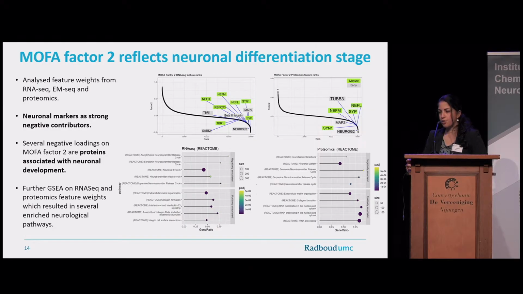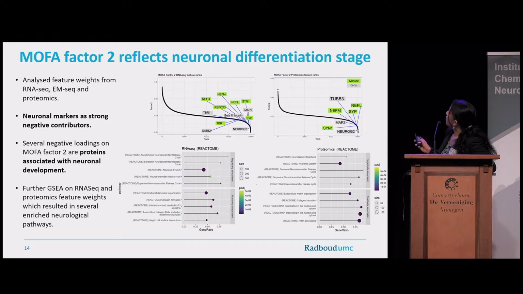Coming on to MOFA factor 2, it had higher contributions from the transcriptomics data, methylation data, and proteomics data. We found, which was quite interesting, that a lot of the iPSC differentiation markers, the early and the mature markers, had strong negative contribution here in MOFA factor 2. So this is the transcriptomics data.